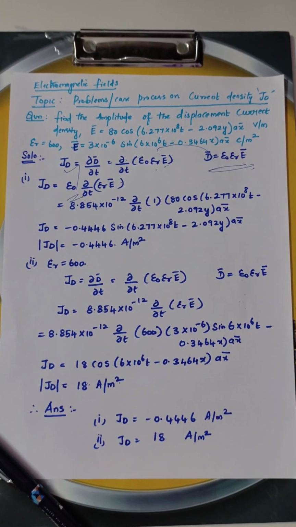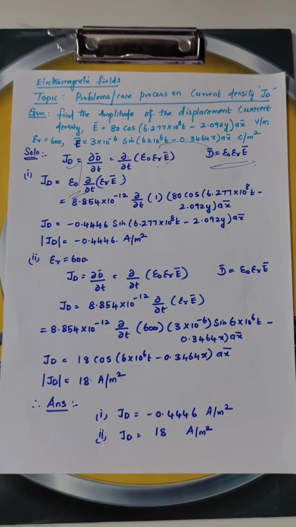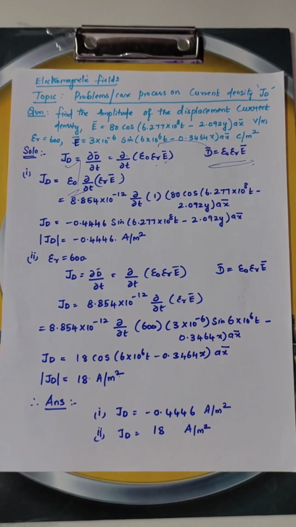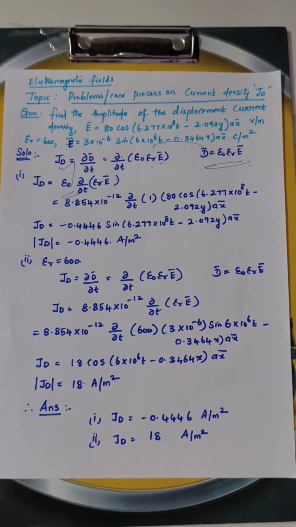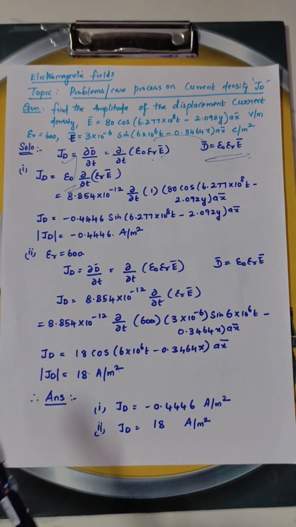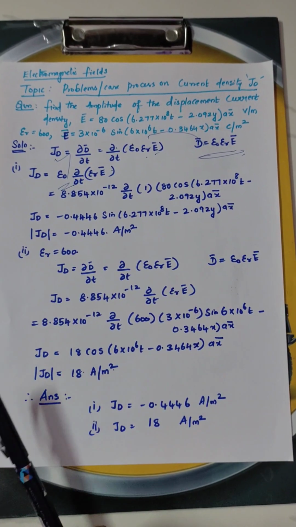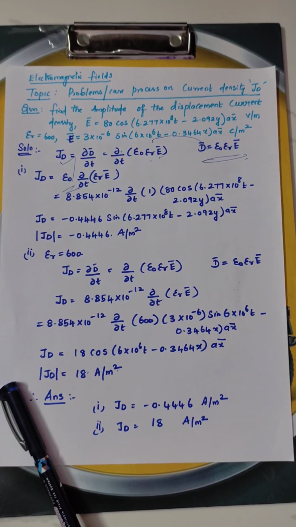Then multiply, and you get the final answer: JD equal to minus 0.4446 sine of (6.277 into 10 power 80 minus 2.092 y) into ax vector. Once you find JD, find the amplitude of JD. The amplitude of JD is the modulus of JD, which is 0.4446. For current density, the unit is ampere per meter square.